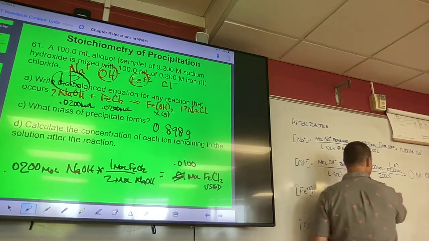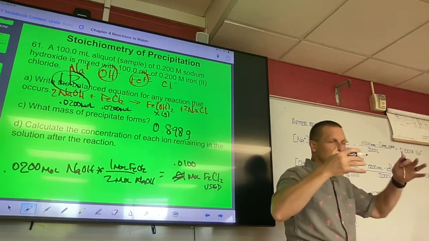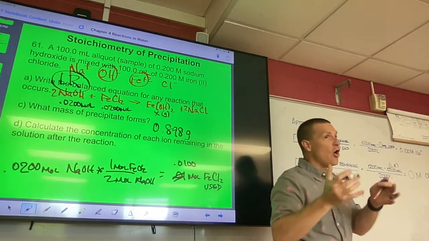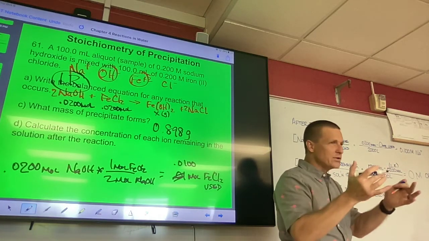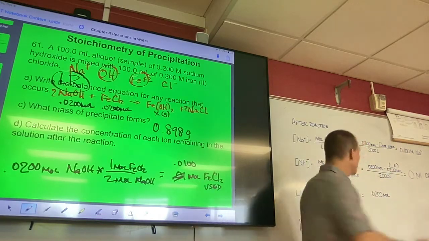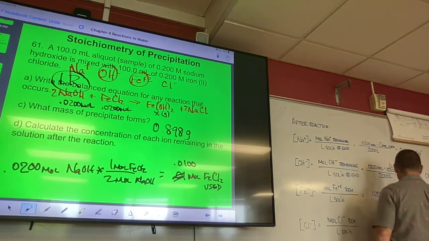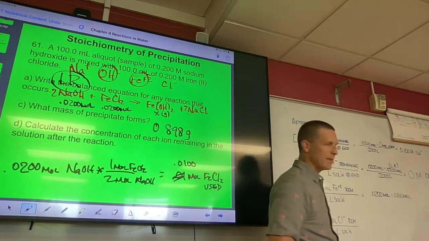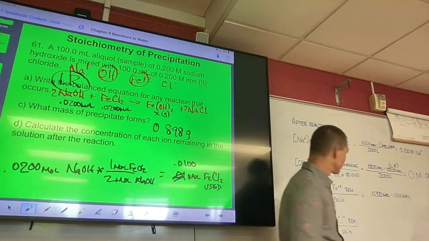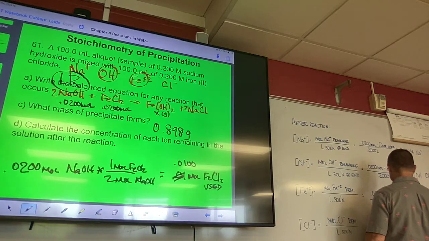So over here, that's the calculation that I'm doing. How much iron is still floating around in this solution? It's not all used up. I started with 0.02 moles, I used up 0.01 moles, that's what that calculation just told me. So 0.02 minus 0.01 is my numerator, and then divided by that 0.2 liters.